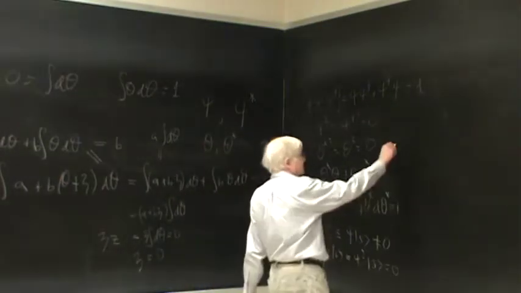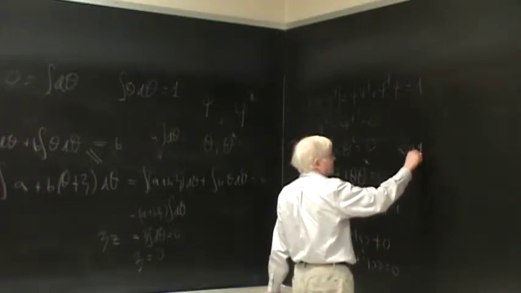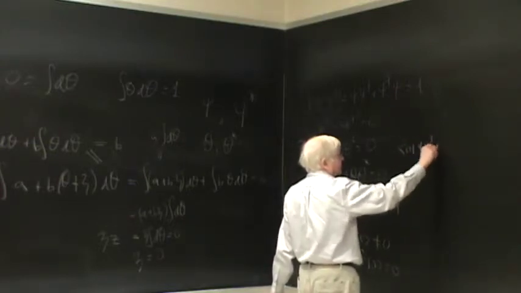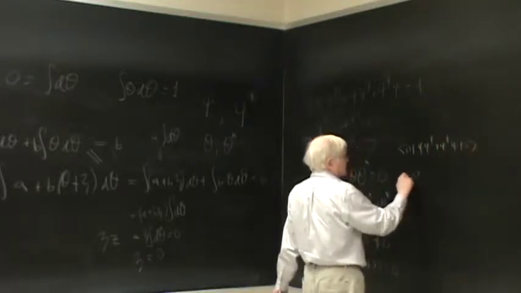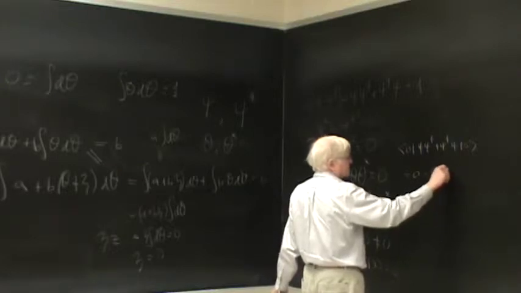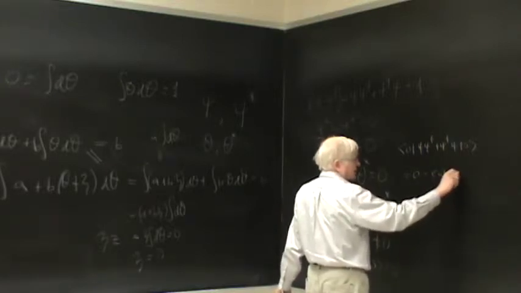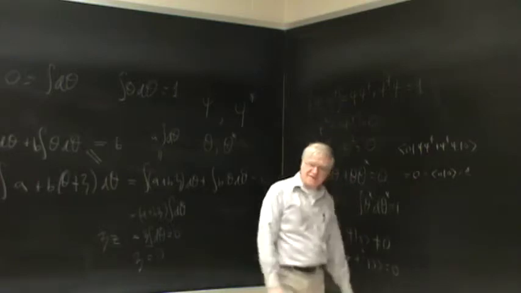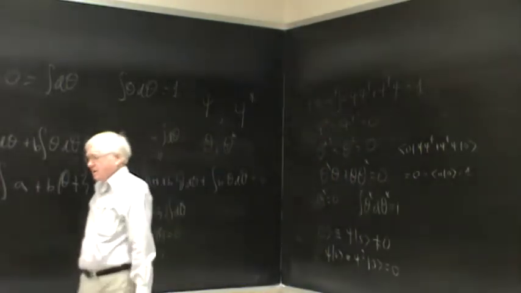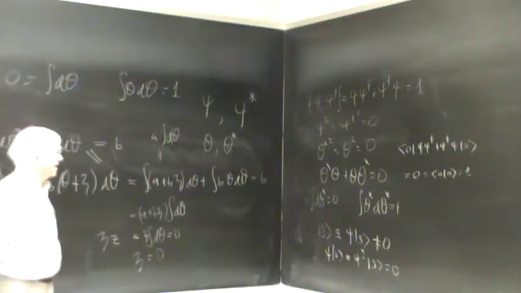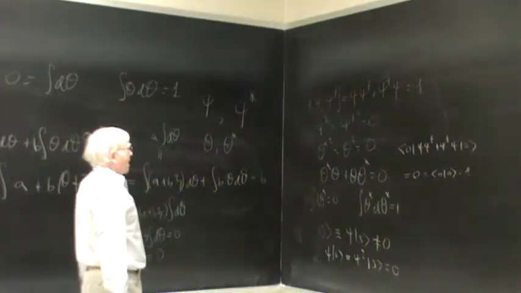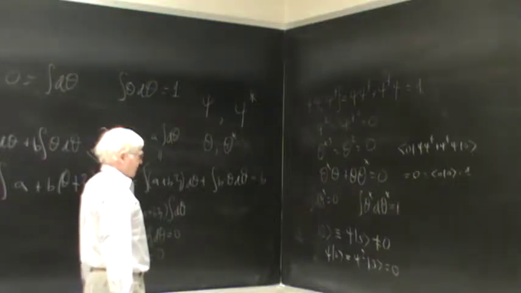So in other words, if we took 0, this is going to be 0. On the other hand, it's 0, 0 with a 1 here, and that presumably is 1. So that's something that I'm missing there.